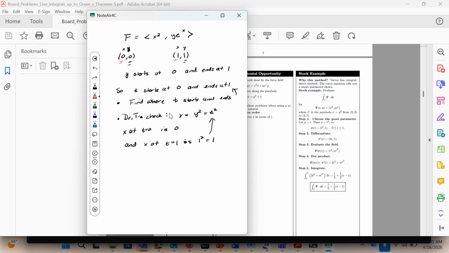Step 2 is to find the derivative. You're just finding the ingredients to run it through the formula, the machine right now. So step 2, find r prime of t. We talked about that earlier. That's 2t and 1. I just take the derivative of this guy up here.